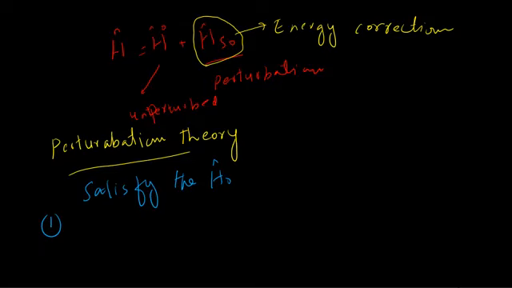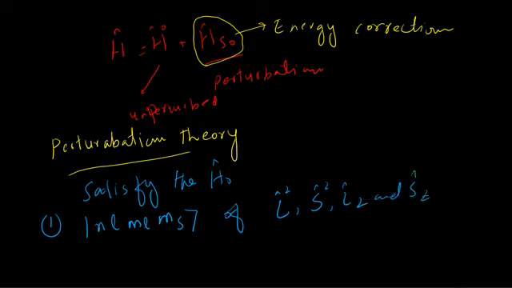First, we can choose n, l, m_l and m_s. This eigenstate is the eigenfunction of L squared, S squared, L_z and S_z. The second possible choice is n, l, j, m_j.